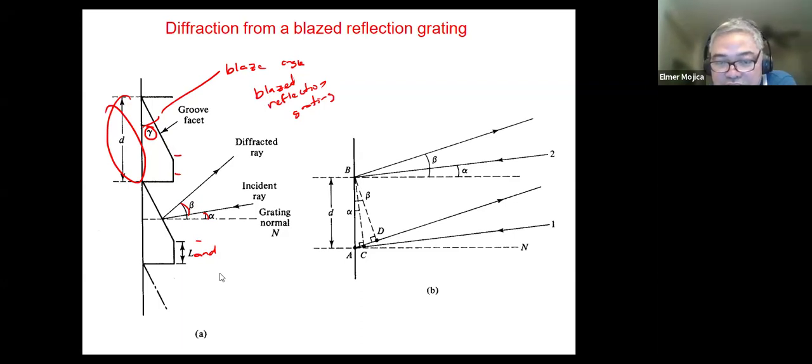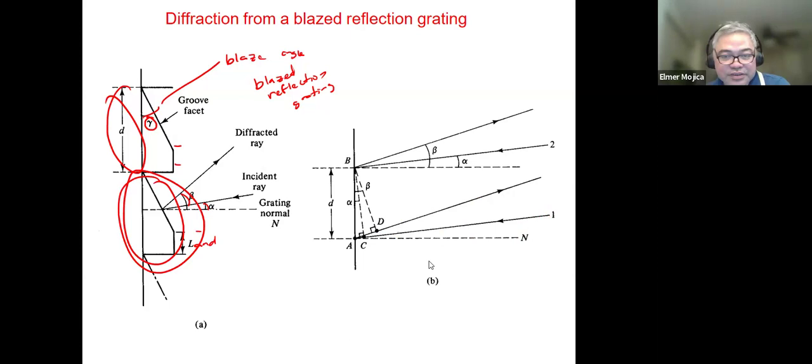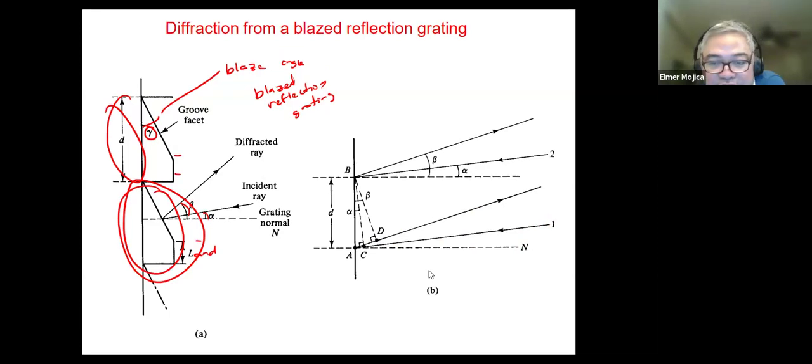If we remove the grooves, what will happen? This is just similar to this one, but without the grooves. So let's see what happened. This is the normal grating.